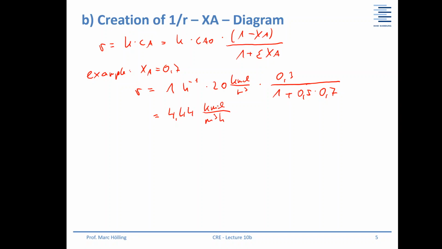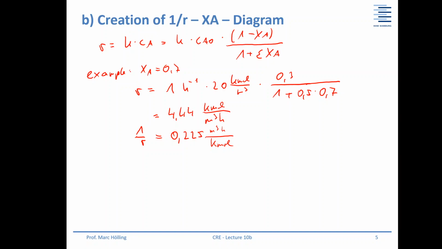And for the graph we need 1 over R, so we just have to invert this value, and then our new value is 0.225 cubic meter hour per kilomole.